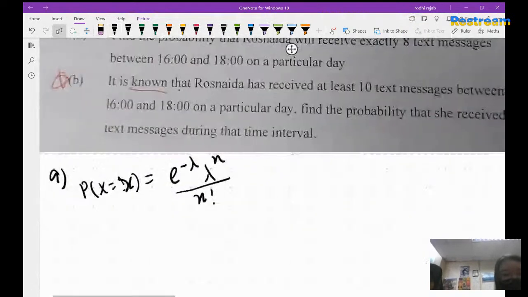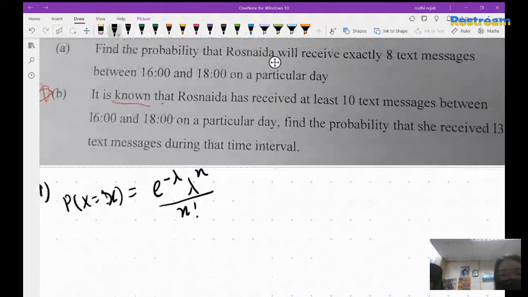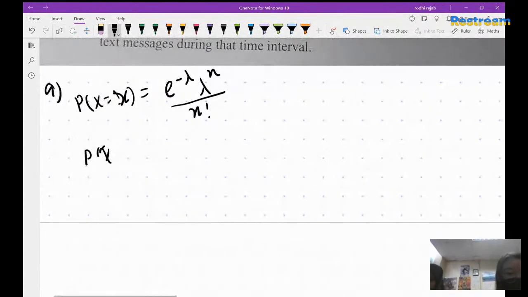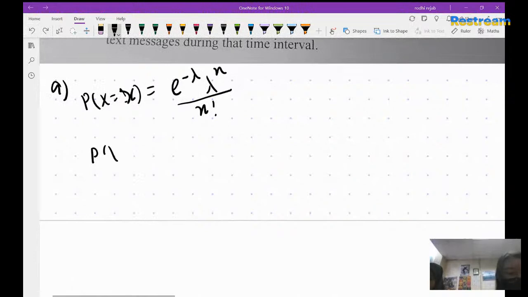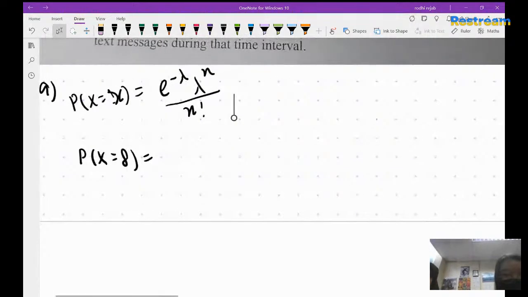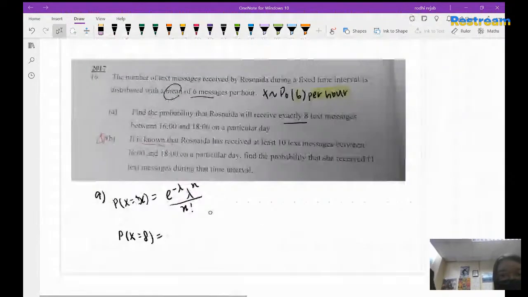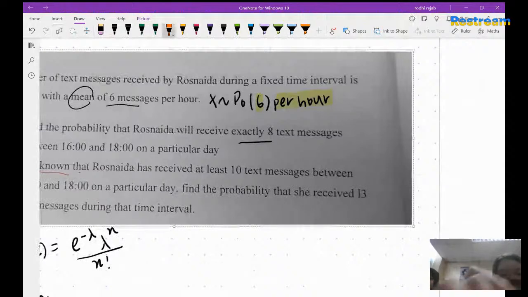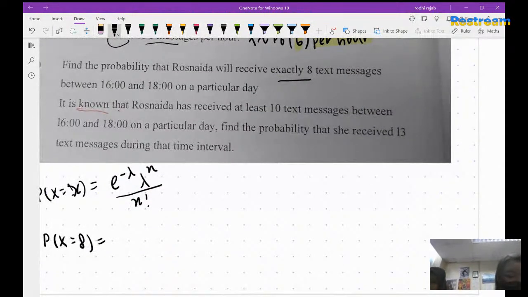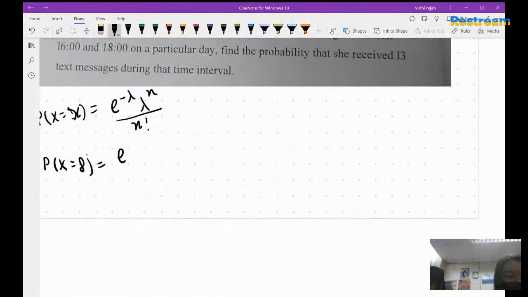Okay, so sini dia nak exactly 8. So P(X = 8). Sini kami sudah tahu dia punya lambda adalah 6.